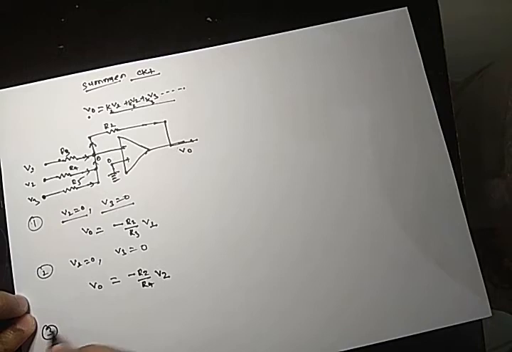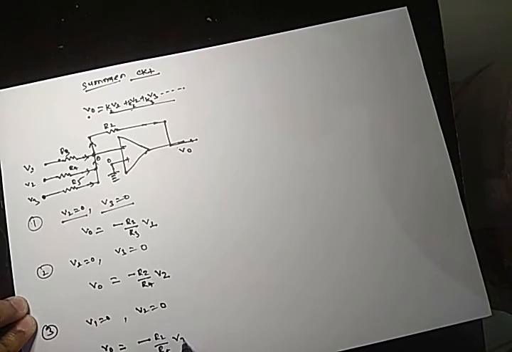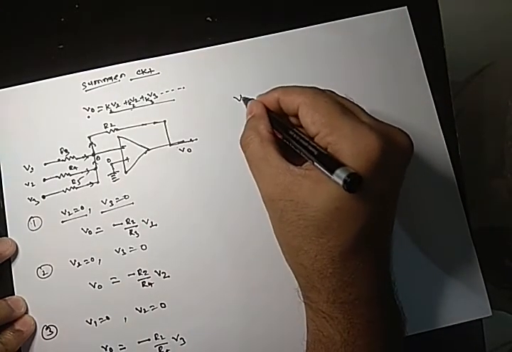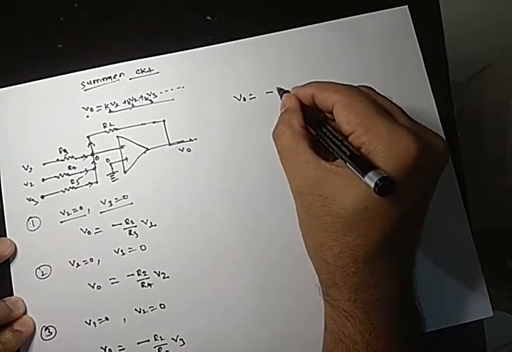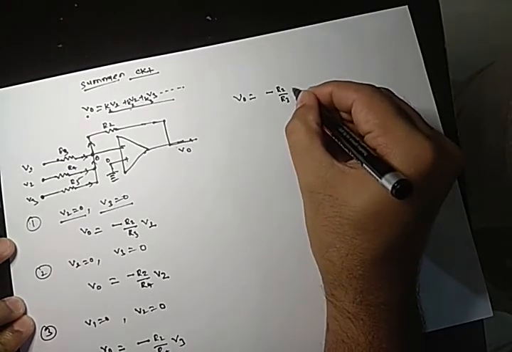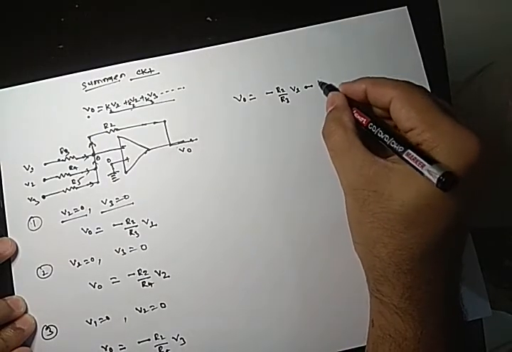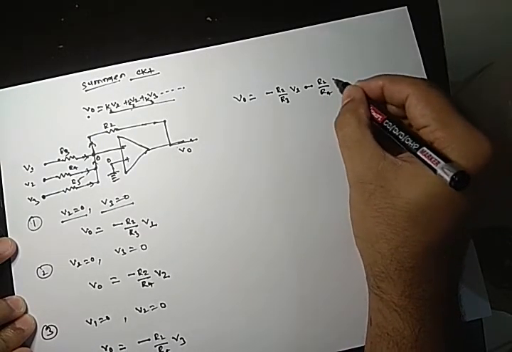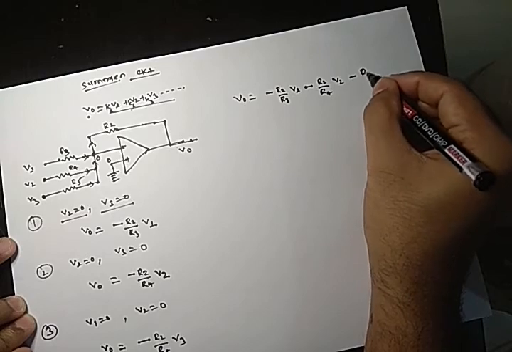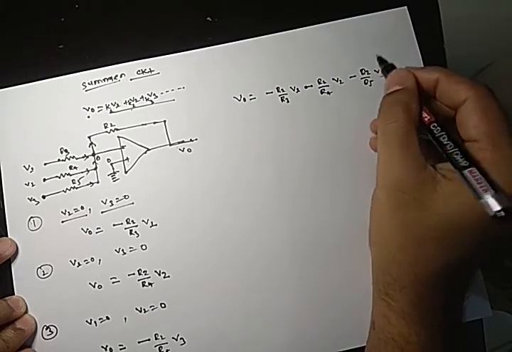Now for the third, if V1 equals 0 and V2 equals 0, then V0 will be minus R2 by R5 V3. So adding all, we got V0 equal to minus R2 by R3 V1 minus R2 by R4 V2 minus R2 by R5 V3.